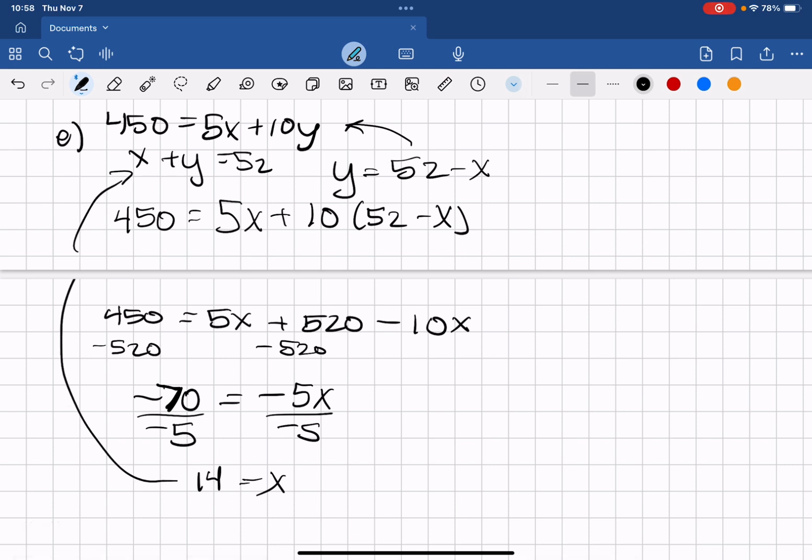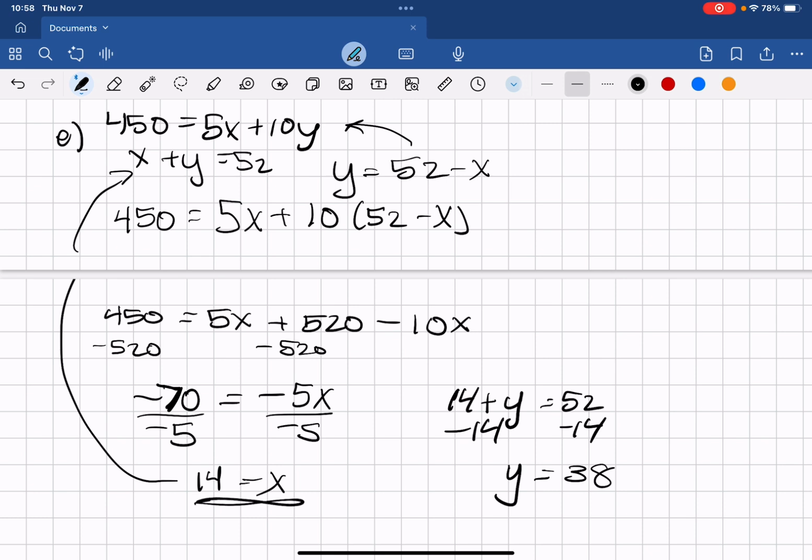And so we're going to get 14 plus our y is equal to 52. Subtract 14 from both sides. And our y is going to be, my brain is working on half speed today, 38. Okay, so we get our x equals 14 and our y equals 38.